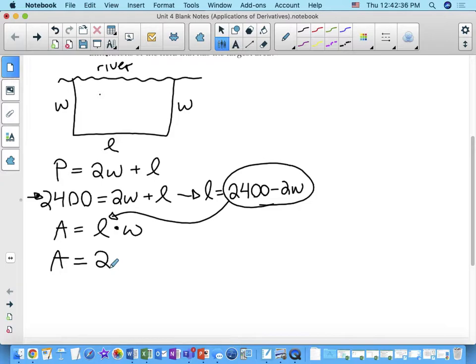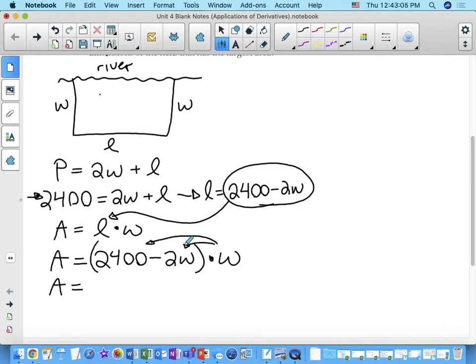Area is 2,400 minus 2 width times the width. Okay, because this is the expression that is equal to length. And I could expand that if I want. And when I expand, I get 2,400w minus 2w squared.